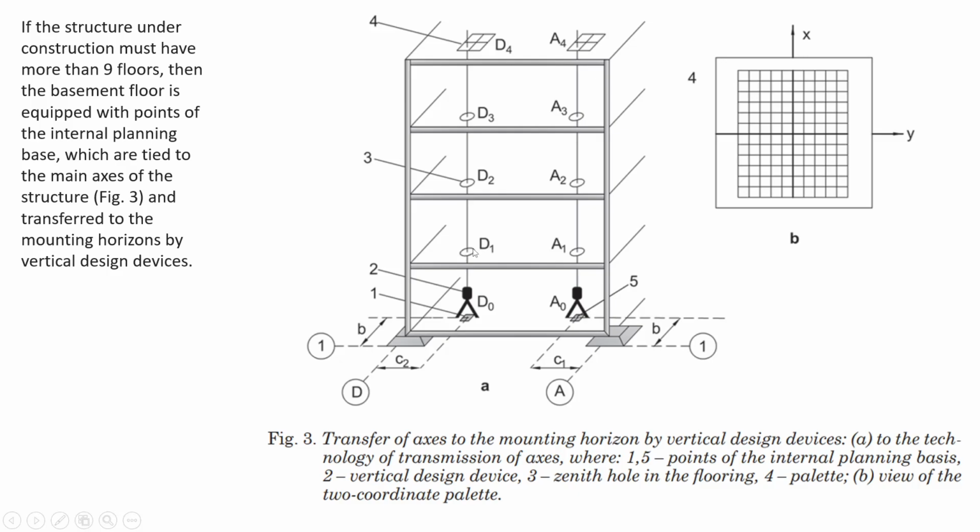These vertical design devices, here you can see special holes in the floor of every level, and transfer of axes to the mounting horizon by vertical design devices. In the technology of transmission of axes, 1 to 5 are points of the internal planning basis. 2.